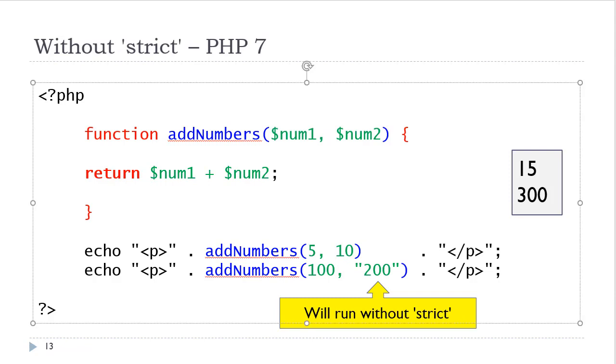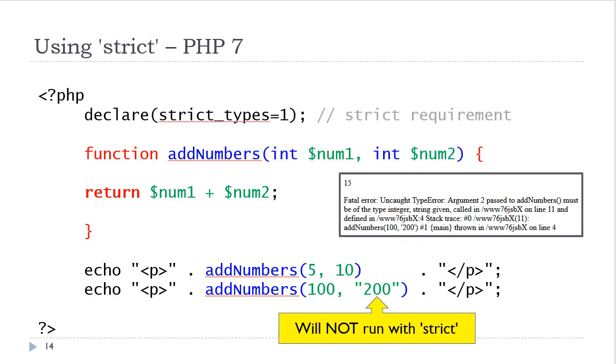Let's revisit our addNumbers function. We are not using the strict requirement here. If I were to pass the number 200 enclosed in quotes, which is technically a string, my function would still run. It would still work. However, technically, that is not a real number, but because PHP is what is called a loosely typed language, it will try to convert it into a number.